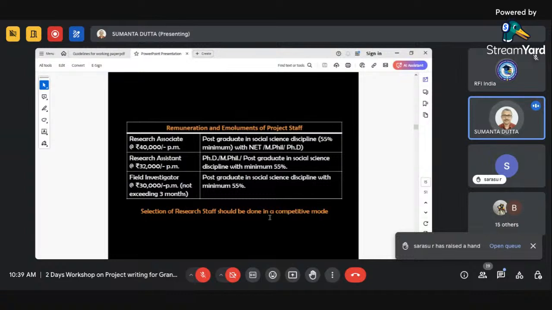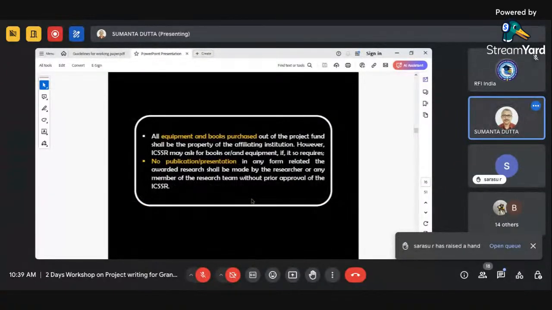So once you give an ad, people start applying for the project. Then you have to go for screening of the curriculum vitae that you received. And after the screening process is over, you can select the right person. But at that time, you have to appoint some specific resource persons who can take the interview of those candidates and take the final decision on whom they will finally select.